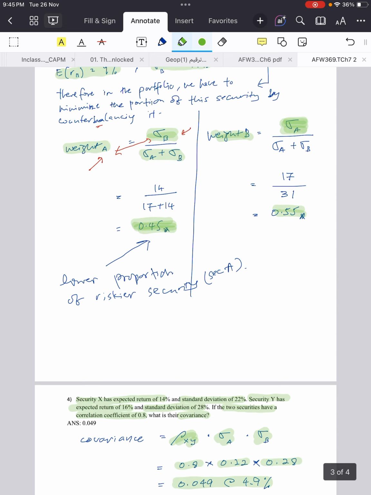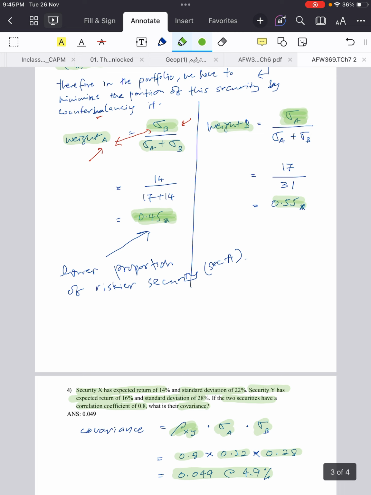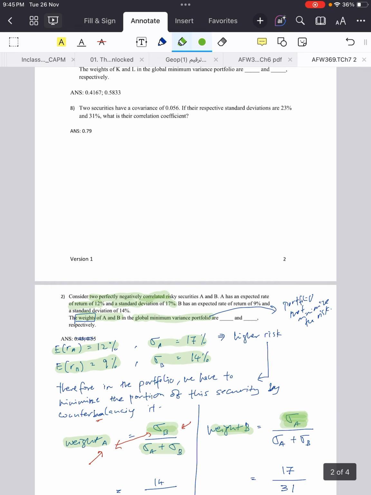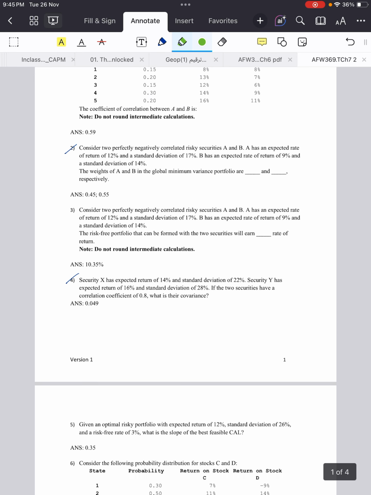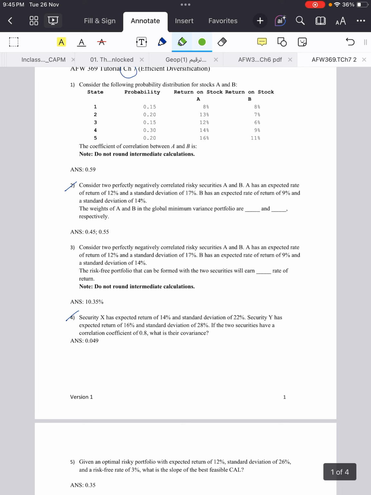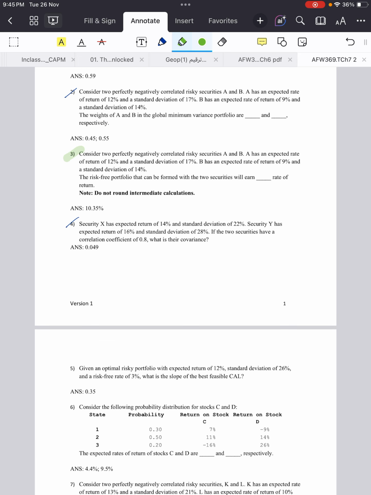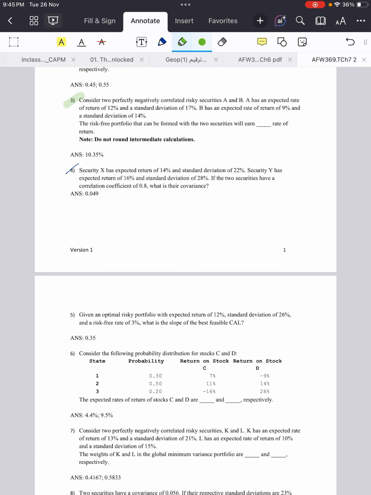So that's all the answers for the tutorial. If you see the questions, except for question 1, question 2 also asks you the same thing. Question 5, I don't think I need to show you, because you can find it easily.